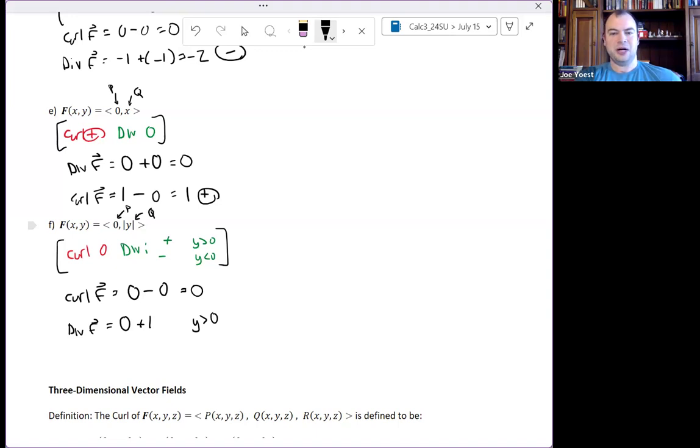So our y partial will be plus 1, but negative 1 for y less than 0. When y is less than 0, absolute y is just negative y, the derivative being negative 1. So our divergence is positive when y is positive and negative when y is negative. That was what we expected.